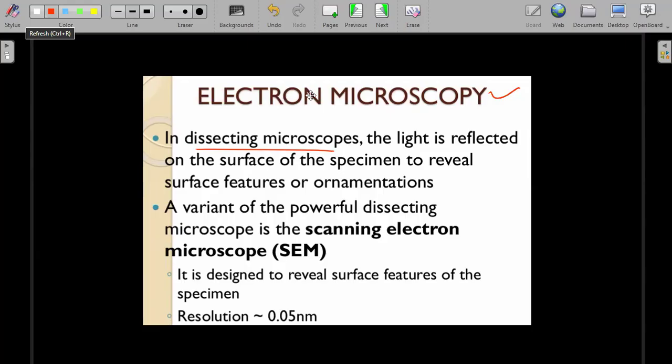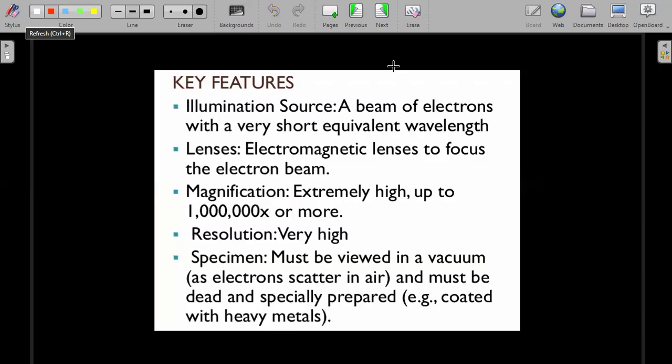For electron microscope, we are saying it uses electrons. For light, it uses light waves, isn't it? A good example of electron microscope is what we call the scanning electron microscope. So what are some of the features of this microscope? You really need to know the features, and you really need to differentiate between the light microscope and the electron microscope.